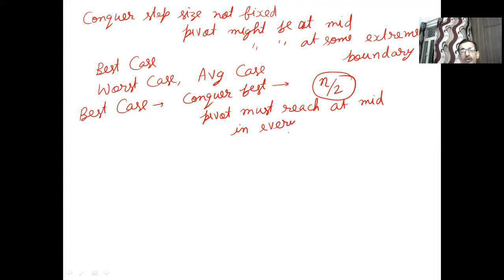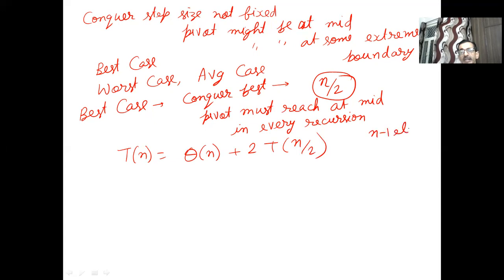So if it is so, then my T(n) will be theta of n for the divide plus 2 calls, each with approximately n/2, because actually it is n minus 1 elements remaining. Pivot has come to its position.